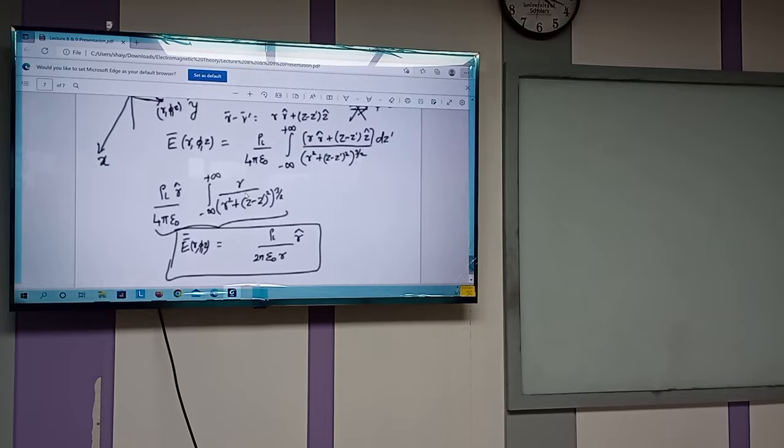So if you integrate, your equation becomes rho L times unit vector of r divided by 2 pi epsilon naught r. So using this formula, you can easily calculate the electric field in the cylindrical coordinate. Okay?